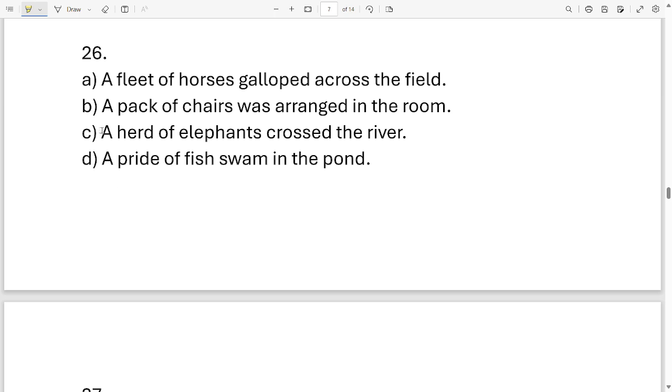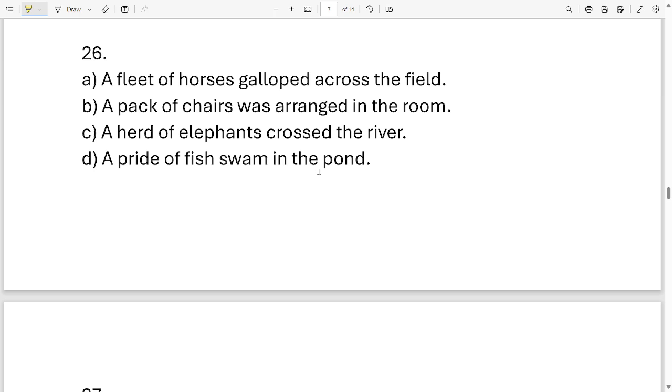Okay, let's start. A fleet of horses galloped across the field. Next sentence. A pack of chairs was arranged in the room. Next. A herd of elephants crossed the river. Next one. A pride of fish swam in the pool.